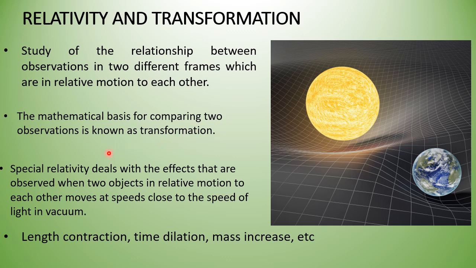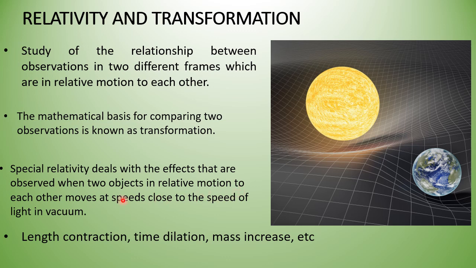So special relativity deals with the effects that are observed when two objects in relative motion to each other move at speeds close to the speed of light. That is our emphasis. In the classical case, the speed is very slow, far, far less than the speed of light.